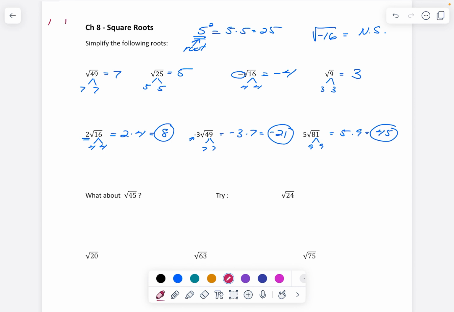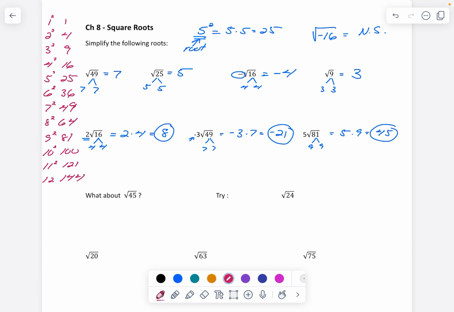So 1 times 1 is 1, 2 times 2 is 4, 3 times 3 is 9, 4 times 4 is 16, 5 times 5 is 25, 6 times 6 is 36, 7 times 7 is 49, 8 times 8 is 64, oop, that's supposed to be 9. 9 times 9 is 81, 10 times 10 is 100, and then you should learn through 12 at least, 121, 144. So you should be on the lookout for those perfect squares, especially for these early problems.